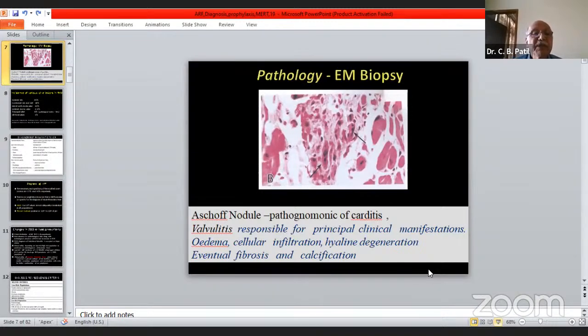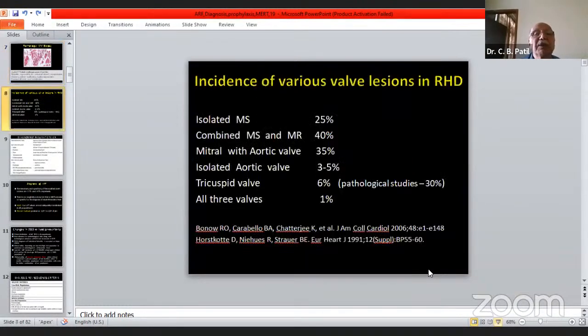It is the Aschoff nodule, which is pathognomonic of carditis. Valvulitis is responsible for the principal clinical manifestations: edema, cellular infiltration, hyaline degeneration, eventual fibrosis, and it can lead to calcification also.